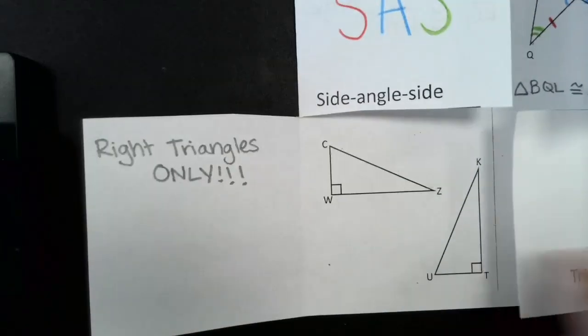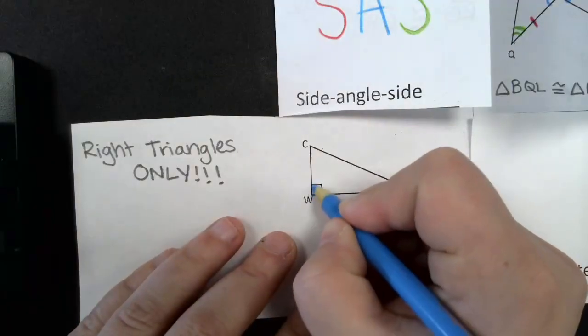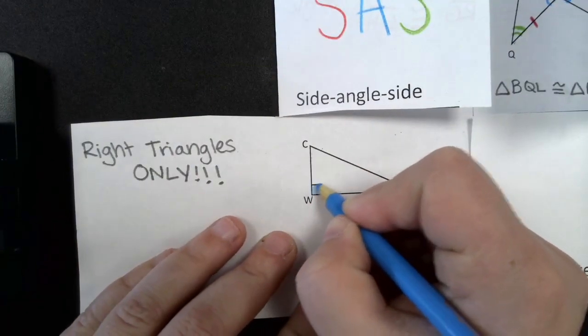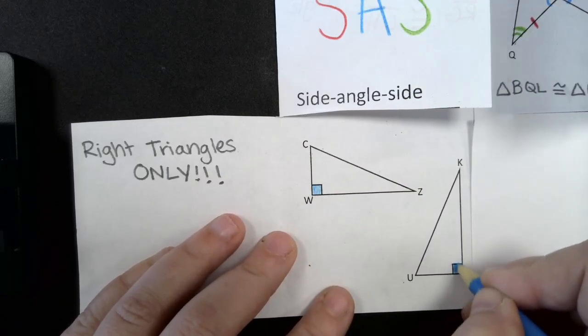This only works with right triangles. So I'm going to use my third color that I didn't use on the front. I'm going to show that little box so we know that this is a right triangle. It only works with right triangles.